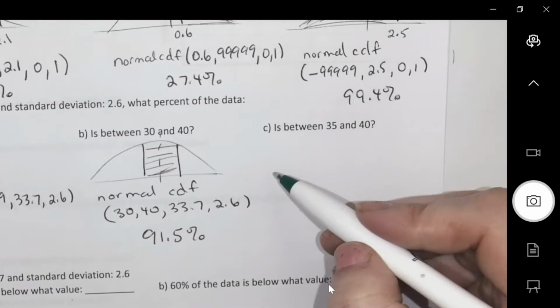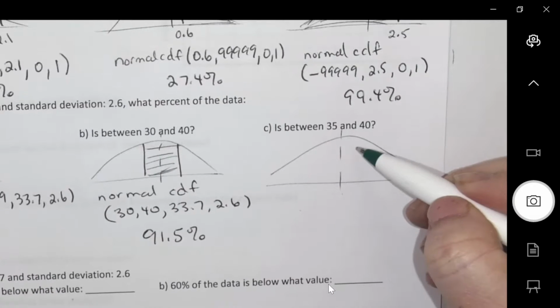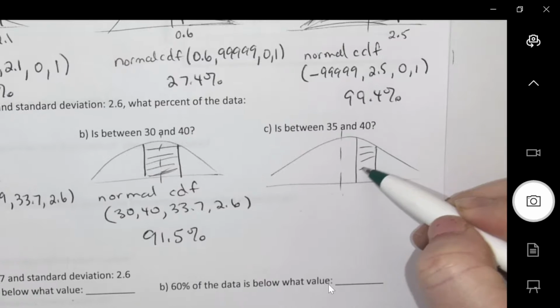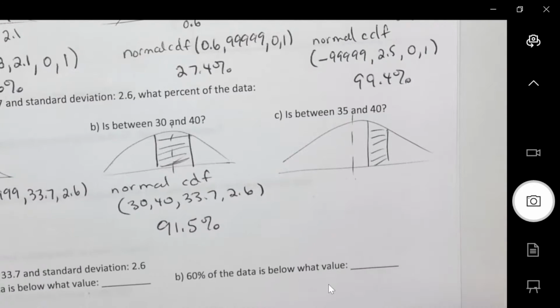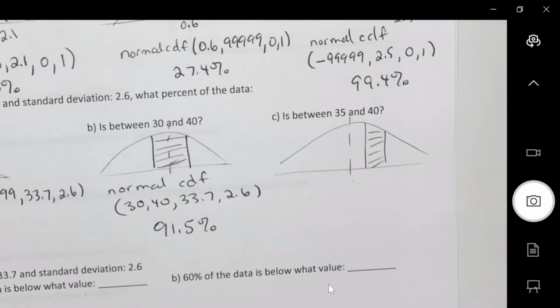All right, and the last question here, between 35 and 40. So this is what it would kind of physically look like, because they're both above the mean.